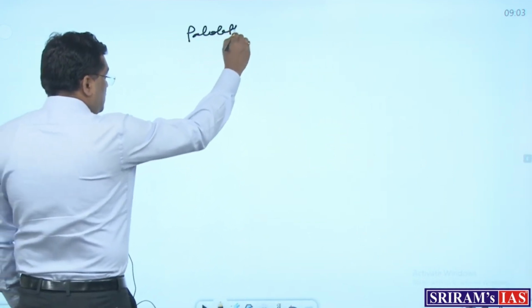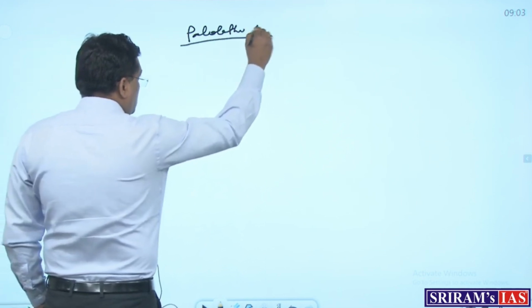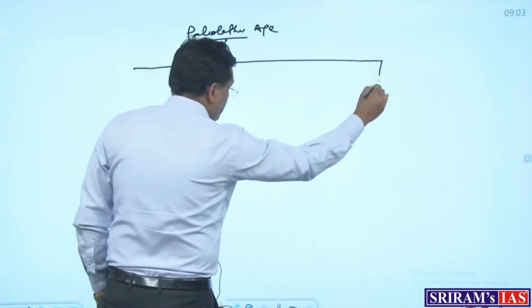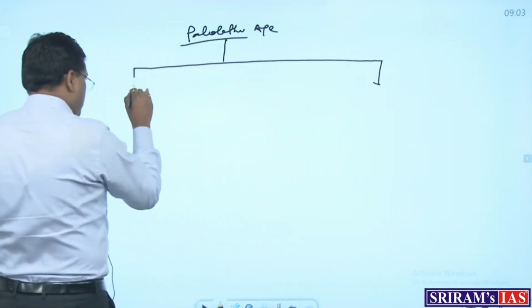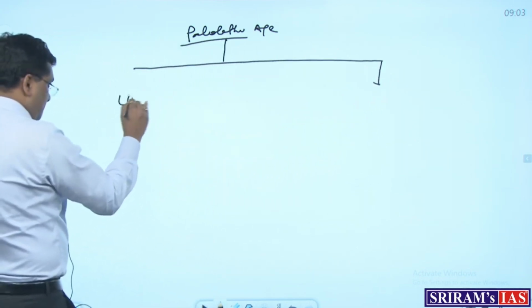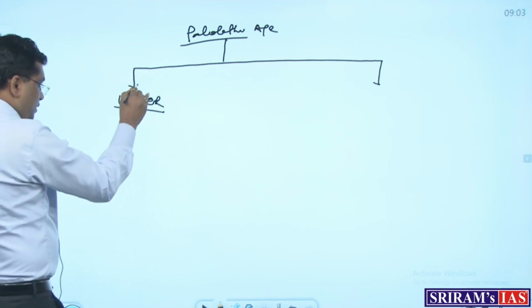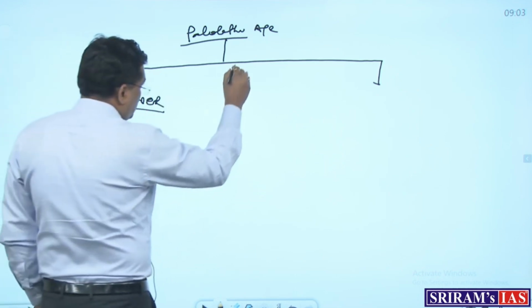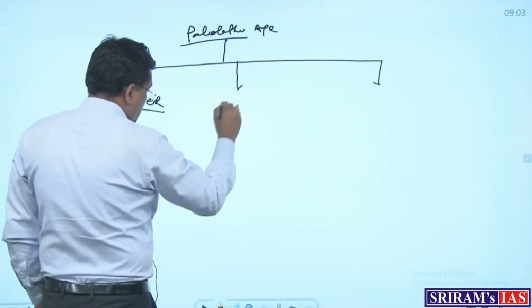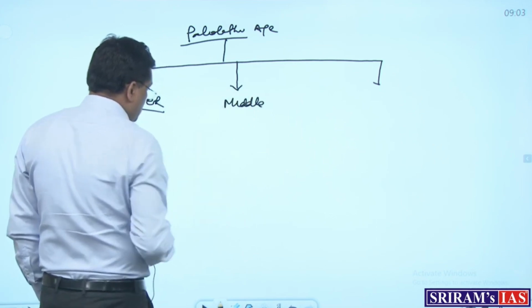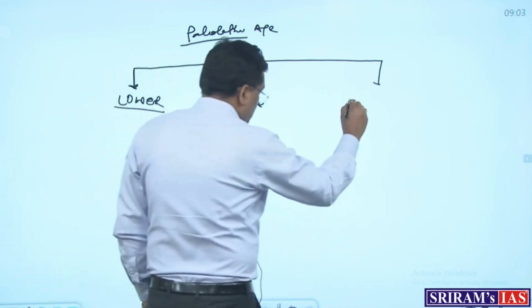The Paleolithic age was divided into three parts: Lower Paleolithic, Middle Paleolithic and Upper Paleolithic.